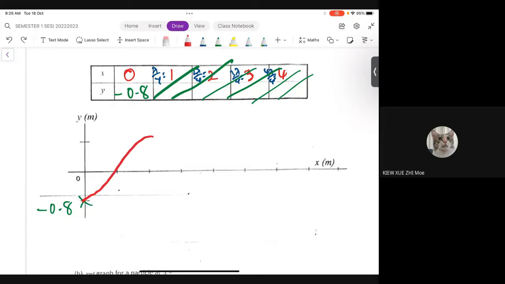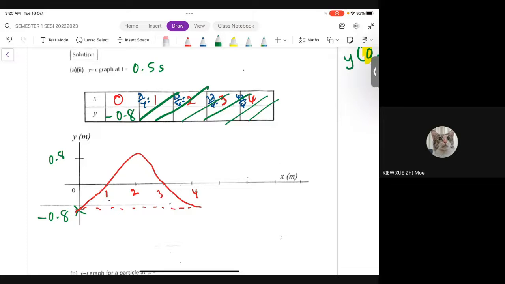This one 4. Mesti 4. So 0, 1, 2, 3, 4. Yang ni tak kena ni. So I padam balik. So satu puncak berakhir dengan crest. Dia mesti berakhir dengan crest. So this one adalah 0.8.